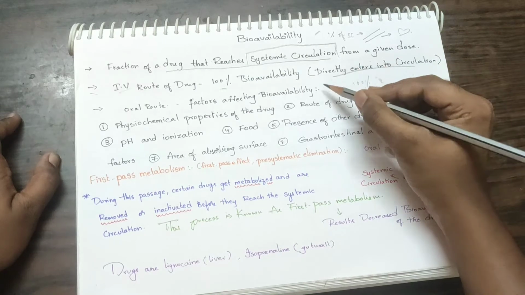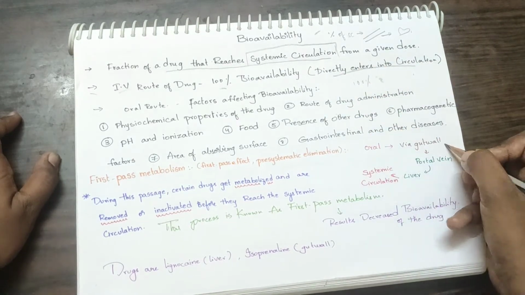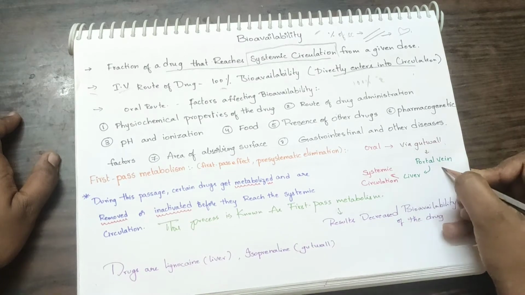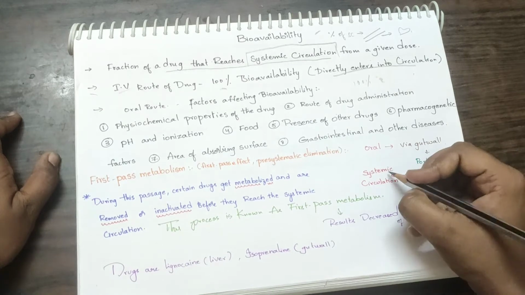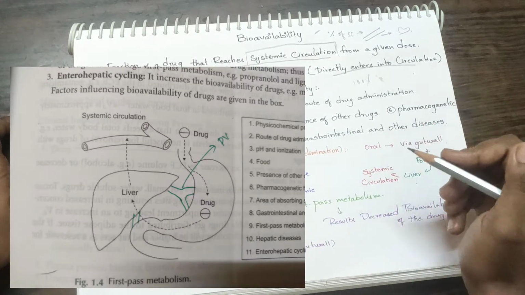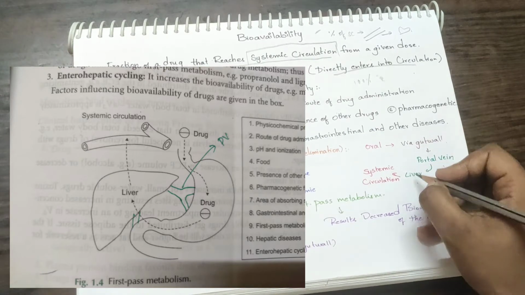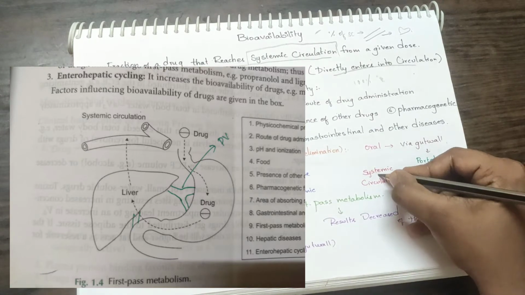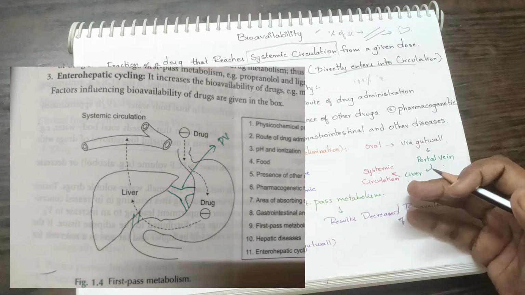For oral route drugs, they pass through the gut wall, reach the portal vein, and then pass through the liver. In this picture it is clearly shown: the gut wall, the portal vein, and from the liver it enters the systemic circulation. So it is a step-by-step process.